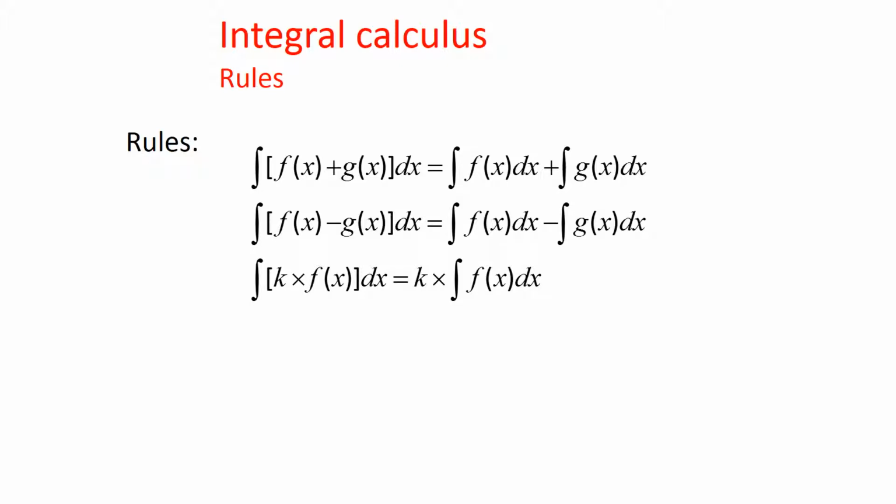So in this case, we left 3 out the front, we integrated x to the power 4, so that becomes x to the power 5 divided by 5. You times that by 3 and you get your answer, plus the constant of integration. So the same rules apply for integration and differentiation.